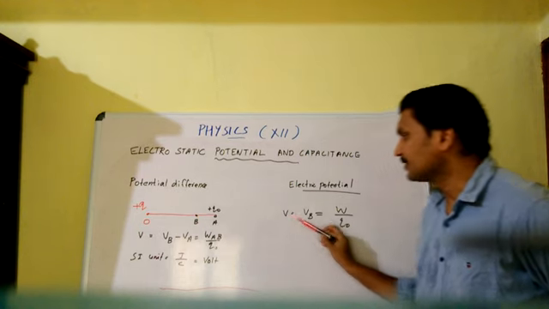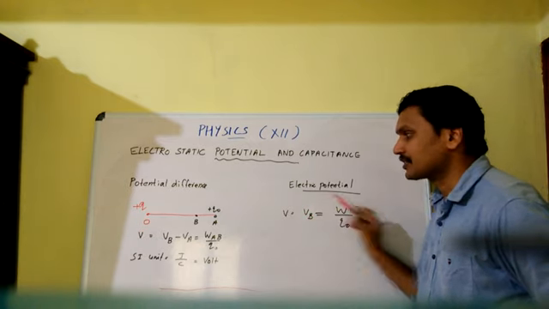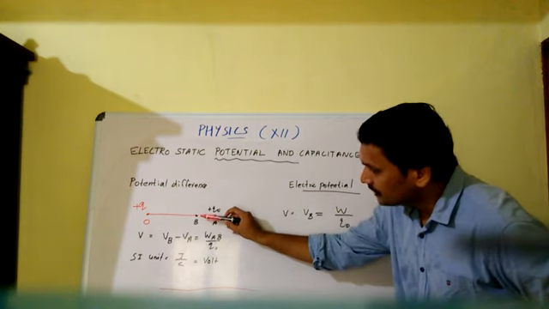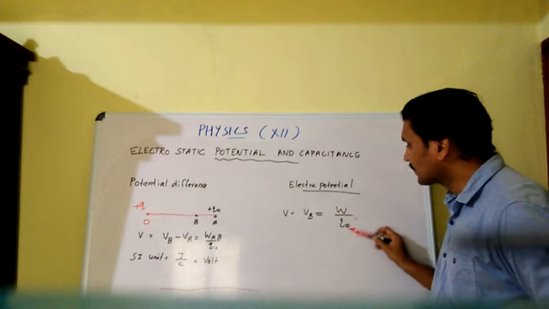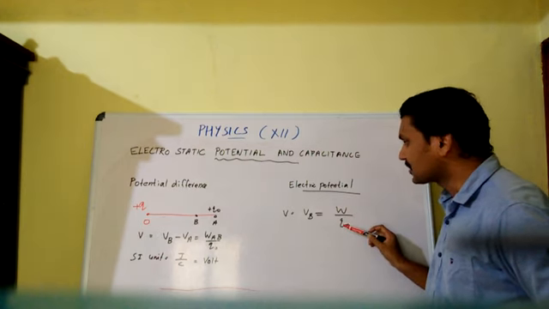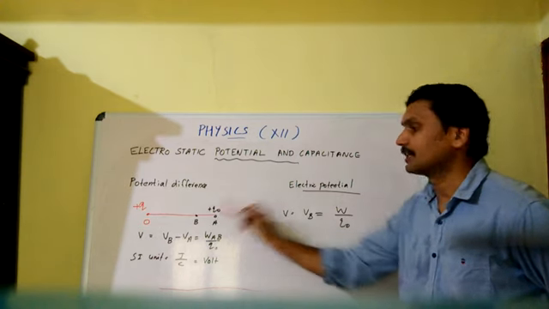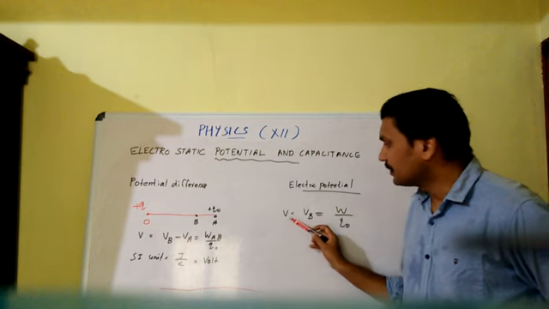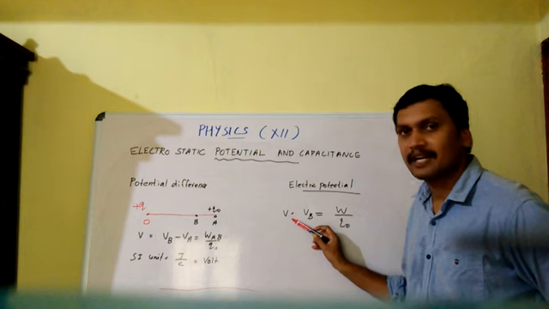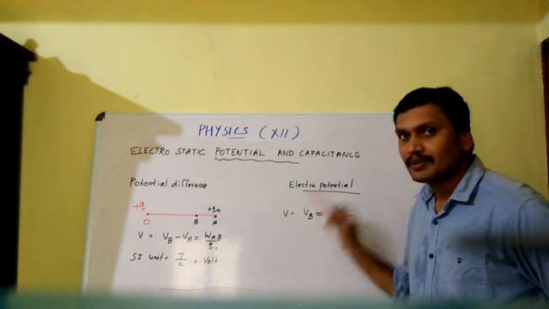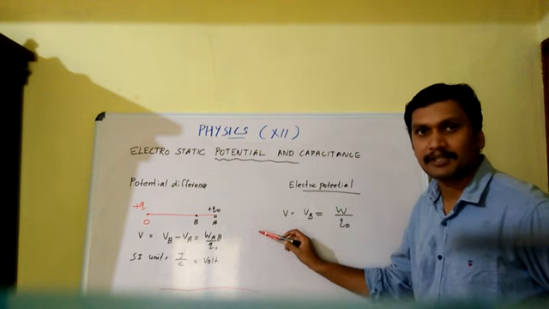The potential at point B, VB, is equal to the work required to bring the charge Q0 from infinity to the point B, divided by Q0. This is the work required to bring a unit charge to the point B from infinity, and that is the potential at the point B. So how can we define the potential at a point? Potential at a point can be defined as the work required to bring a unit positive charge from infinity to the given point.